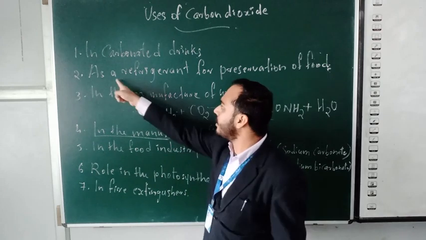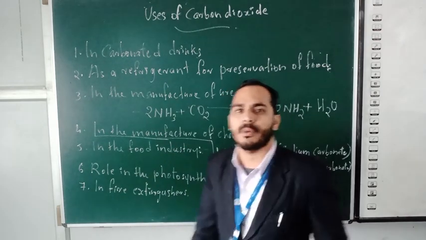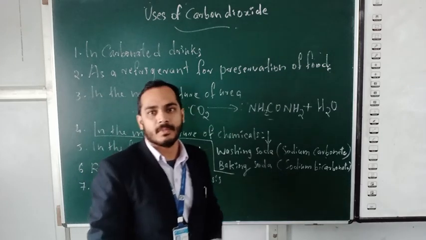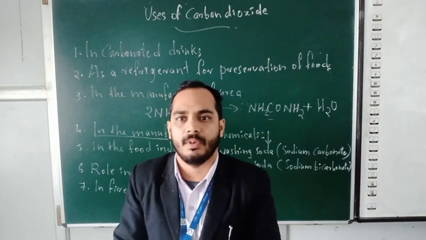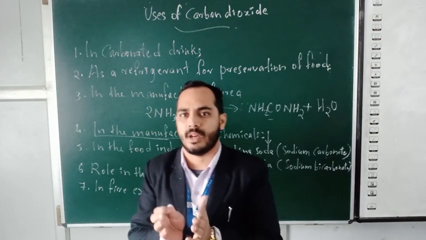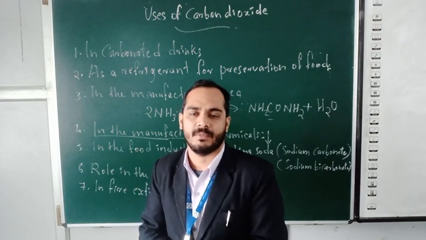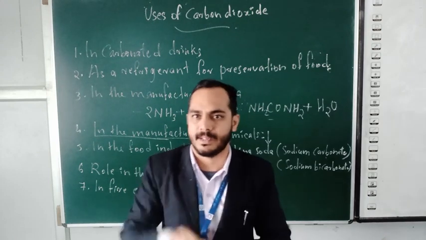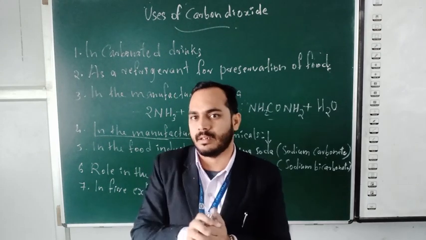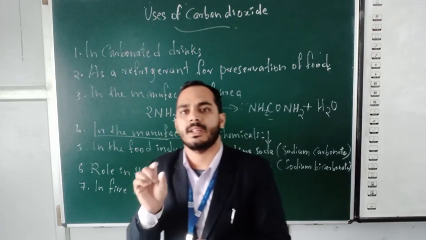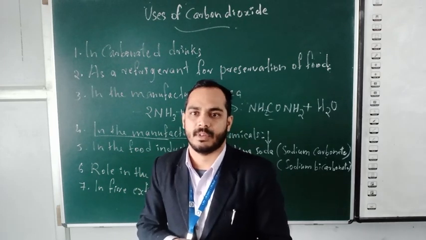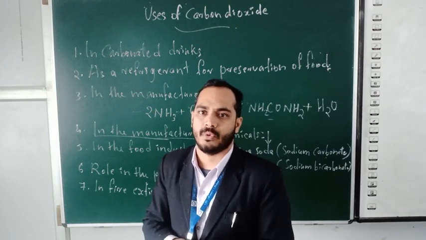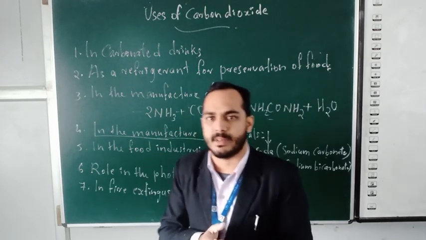And next one, as a refrigerant for the preservation of food. I hope all of you know this one. We store food items, fruits, vegetables and meat in the fridge. What is the process going on inside there? Inside the refrigerator, we use dry ice, that means solid carbon dioxide. Here is a sublimation process.